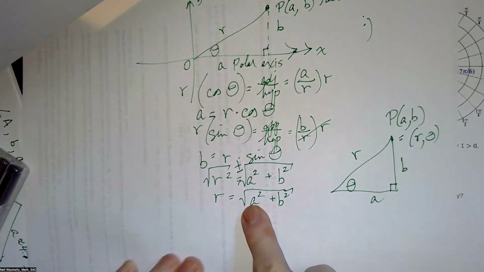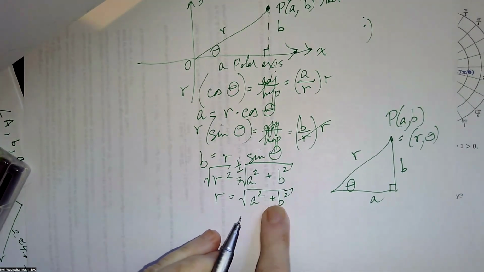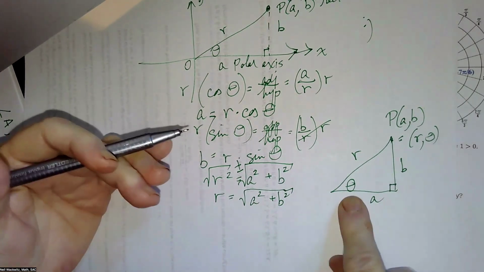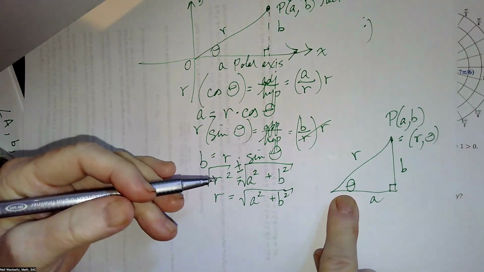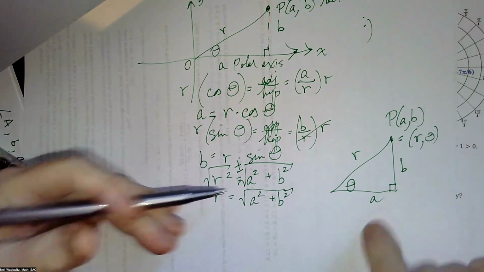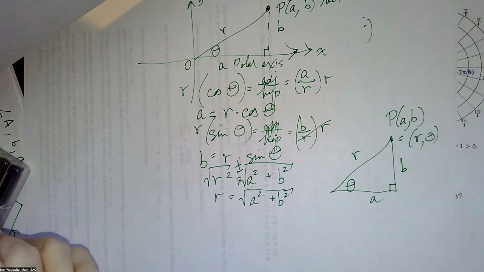Now we've got r in terms of a and b. What kind of trig function do we know that involves theta and a and b? Tangent? Yeah, good.